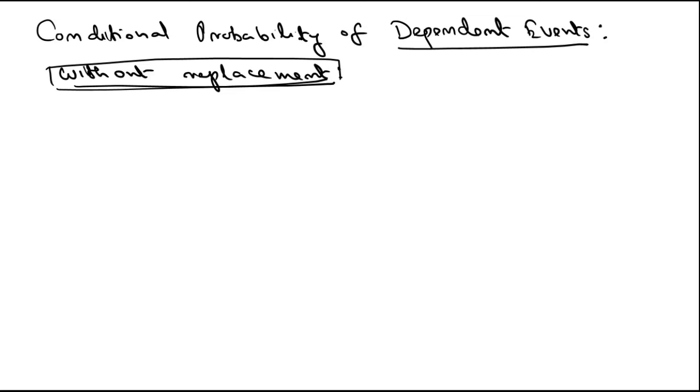Now suppose I am taking one event generally as A. The other is the complement of A, that is A complement. Red and black, so red or non-red, A complement. Here again you can see that if A has happened, what is the probability of B?